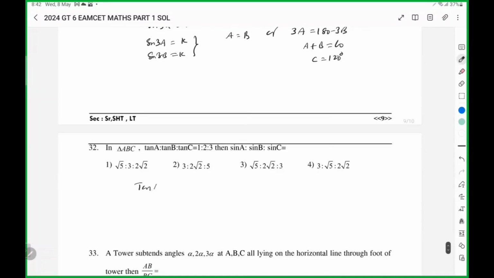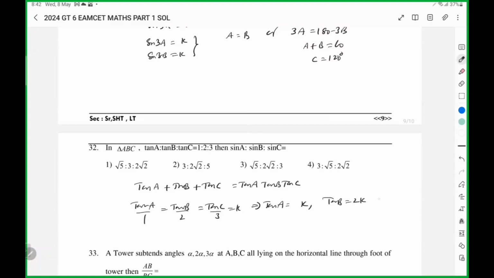Here in a triangle, tan A plus tan B plus tan C. In the given question, tan A by 1, tan B by 2, tan C by 3, which is K. From here you get tan A as K, tan B as 2K, tan C as 3K.